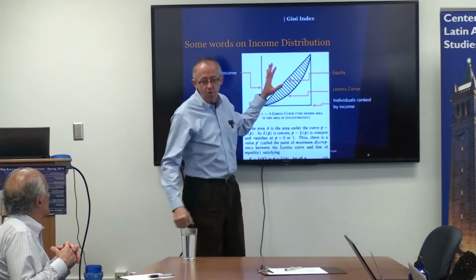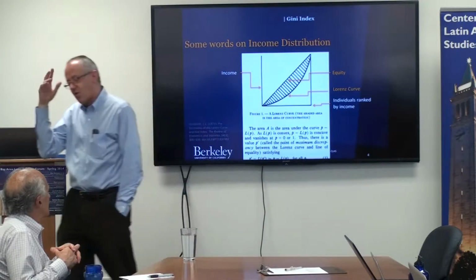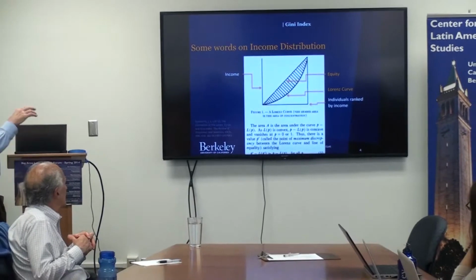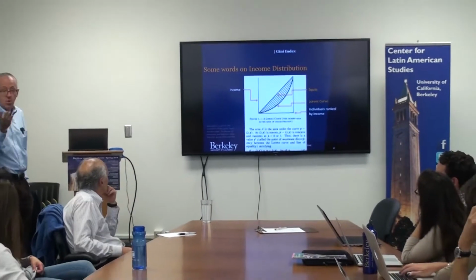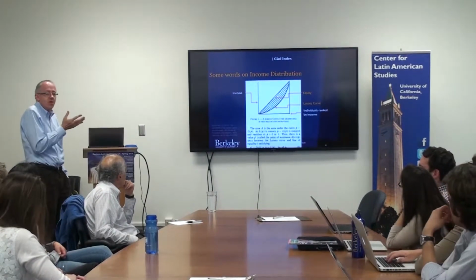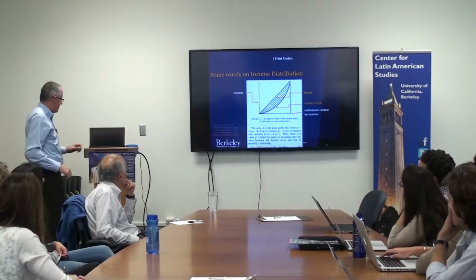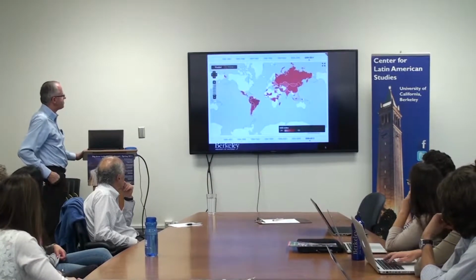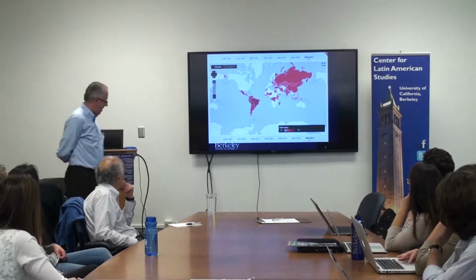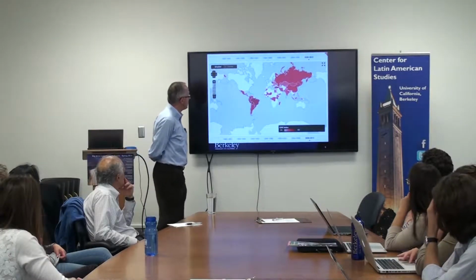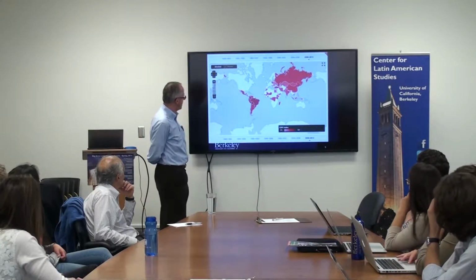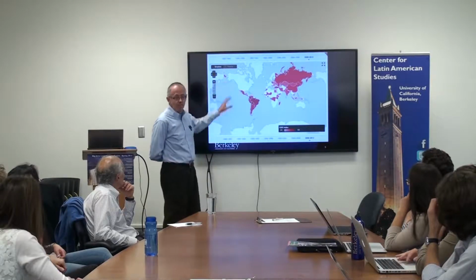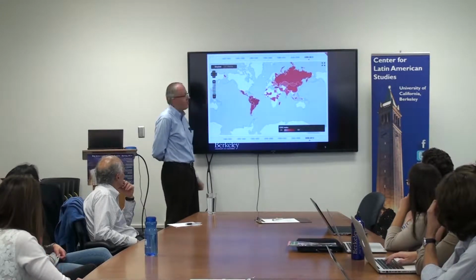So just important to think about that as we scroll through these countries, we've got issues of how rich or poor is a country, and also within the country, how equally or unequally is income distributed. And this is just a reminder, this isn't complete, because otherwise you'd have many more countries in color. It's not that white means zero, white means it's just not in this particular map that I grabbed.